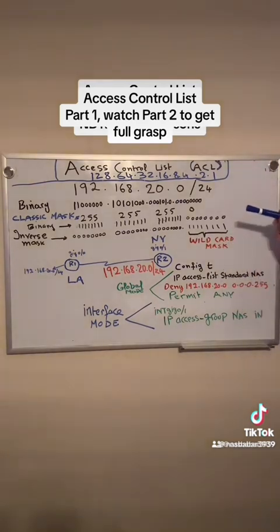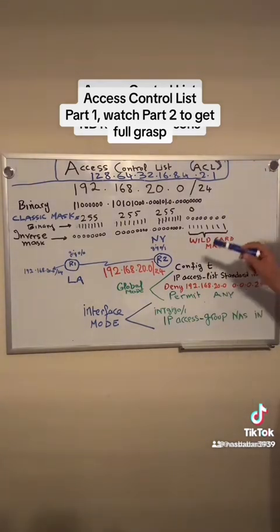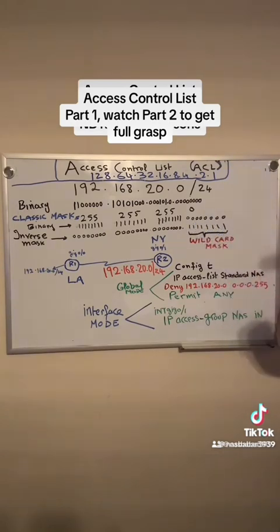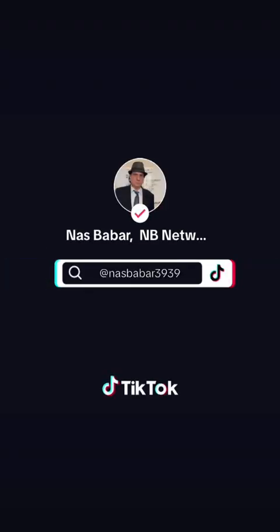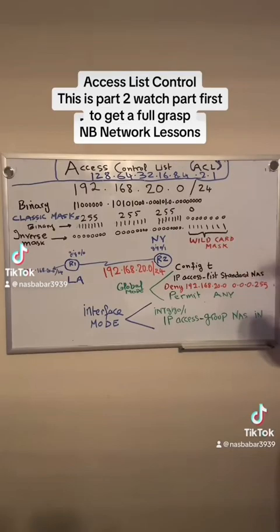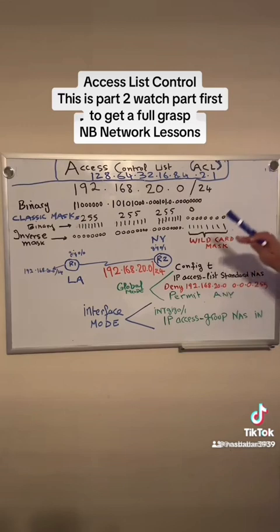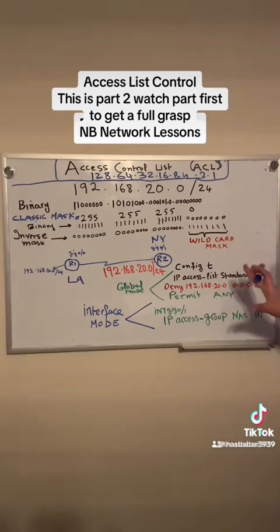Basically this means that I don't care whatever is in the last octet. I'm not going to even look at it, it doesn't matter. Whatever it is, it's a wildcard mask. It's not going to be looked at by the router.